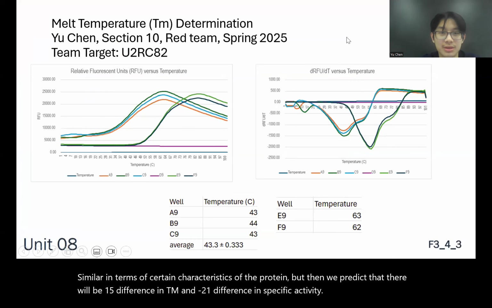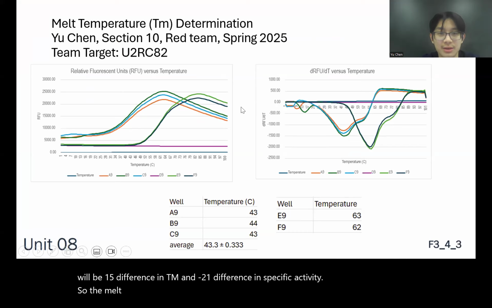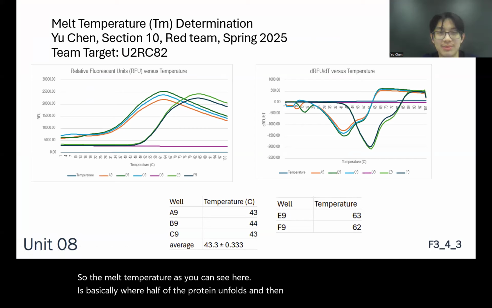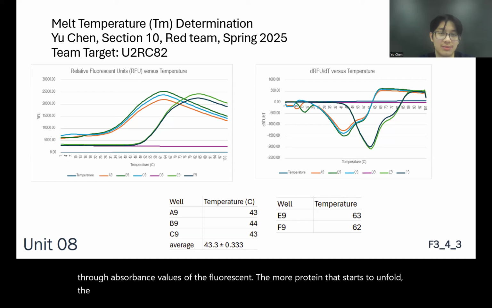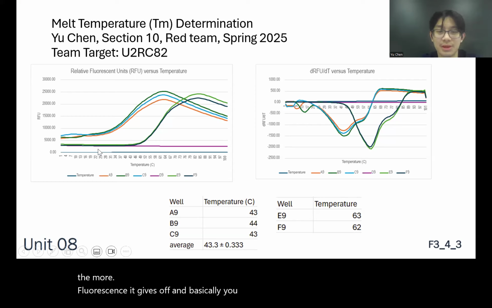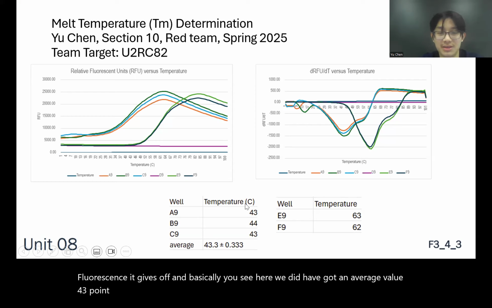So the melt temperature, as you can see here, is basically where half the protein unfolds, and it is measured through absorbance values of the fluorescence. The more protein that starts to unfold, the more fluorescence it gives off. And basically, you see here, we got an average value of 43.3 and the standard deviation is 0.3.